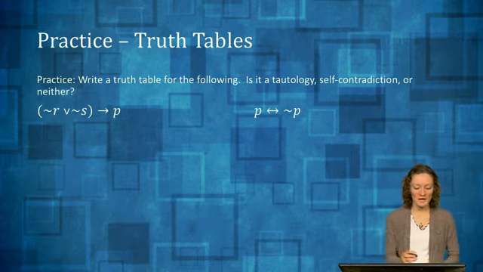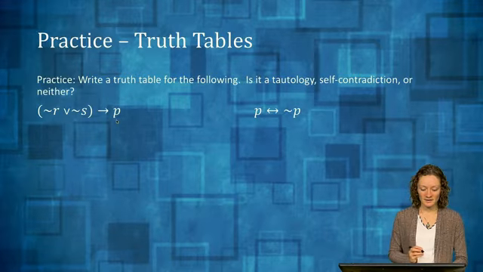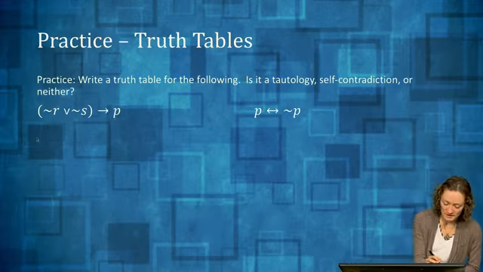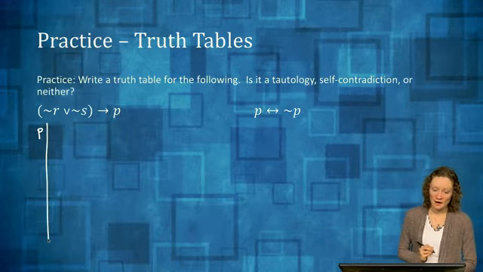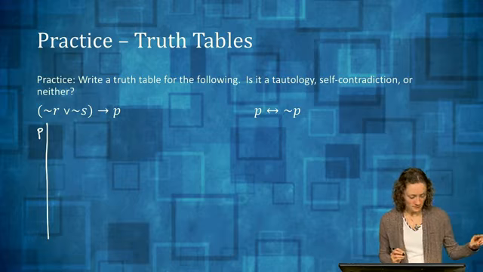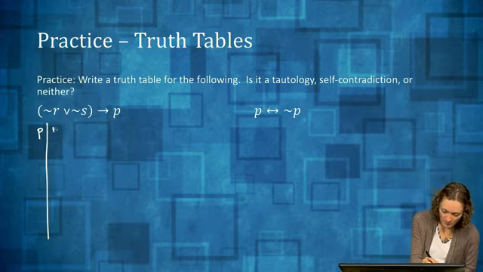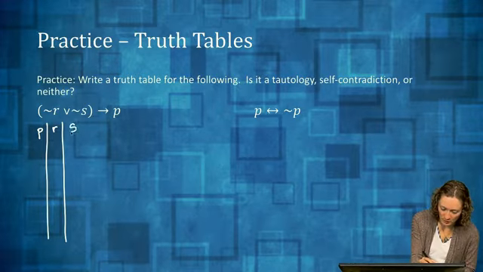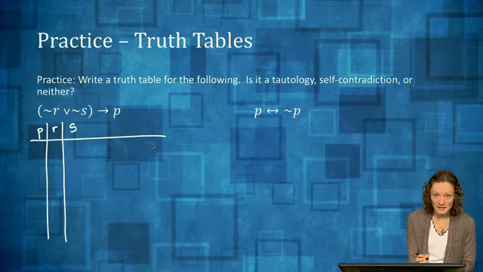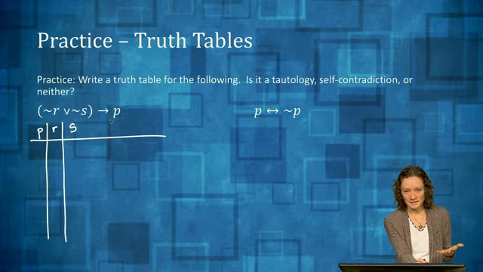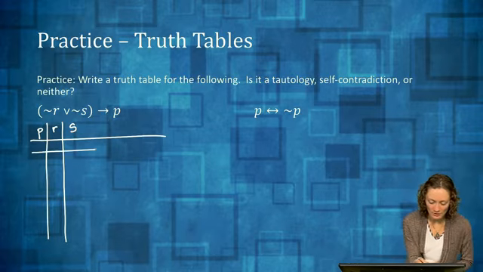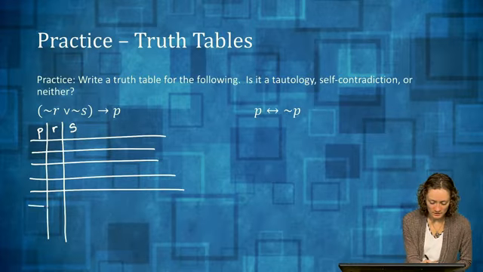All right, so the first one, we have ideas P, R, and S. They should be in alphabetical order, P, R, S; if they're not, it's just going to be more difficult to follow along. There are three ideas that are true or false, so there'll be 8 total combinations of true and false.